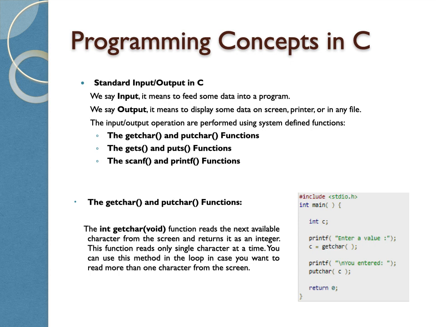That value will be stored in the variable c, and this variable will print its value by using the putchar function. So all I did is that the variable is simply passed into the function putchar.